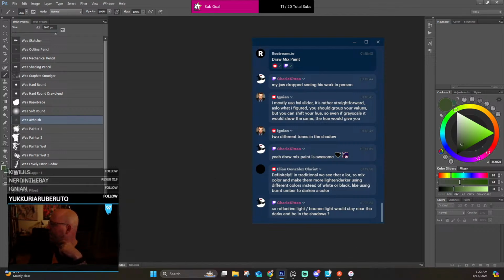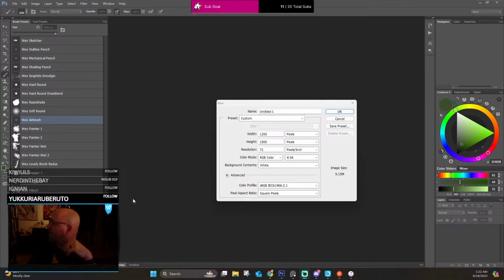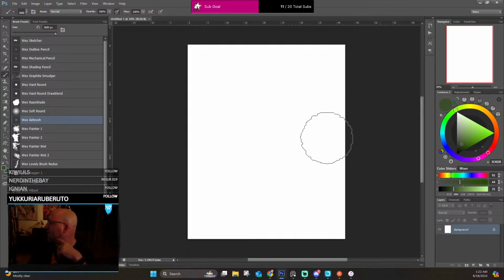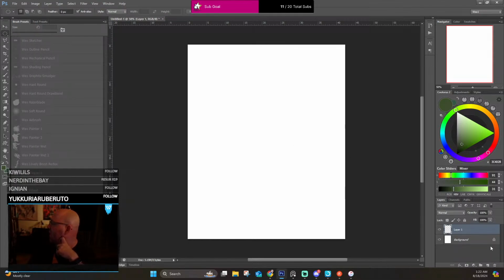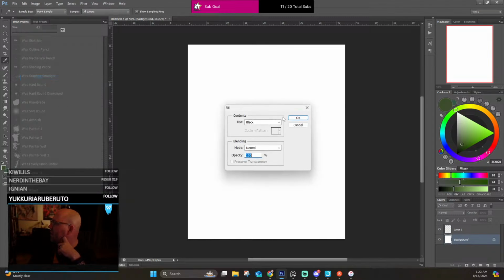So, perfect example. Let me just bring this up real quick. It's going to be very bad. Okay. I am going to hide chat real quick so we can get this, but I'll bring it right back. Let's do this. That's fine. Okay. I'm going to 50% gray this because of course I am.